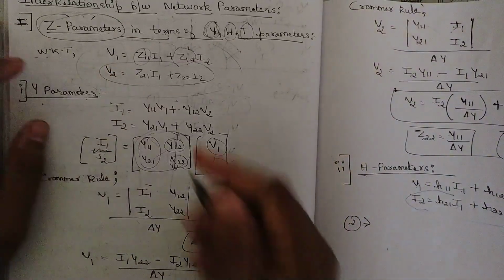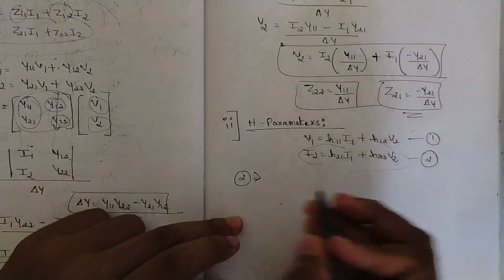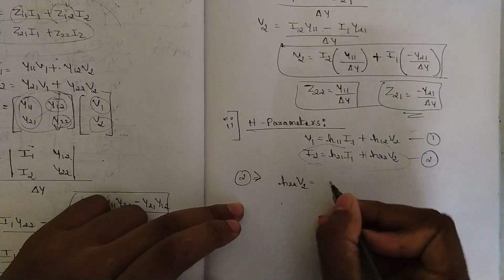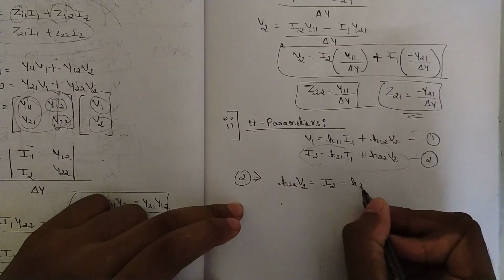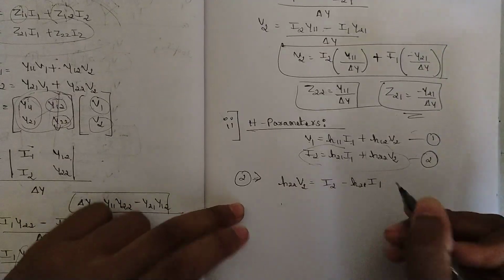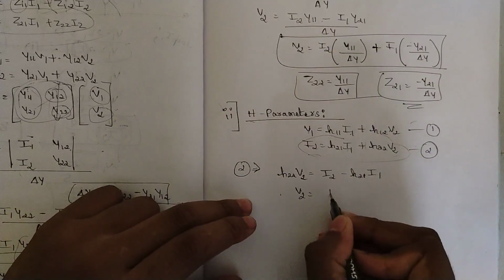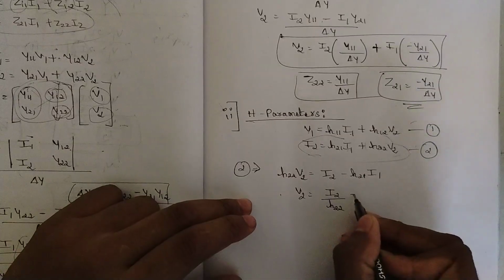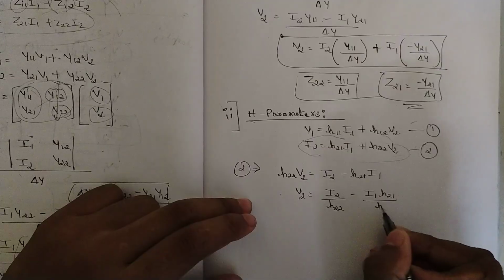So in terms of z parameters we have V2 on one side, right? So here also I am bringing the V2 term to one side, that is H22 V2, I am writing on one side, that is equal to I2. This you bring to the other side, that is minus H21 I1, right? So now divide this whole term by H22, that is I2 by H22 minus I1 H21 by H22.